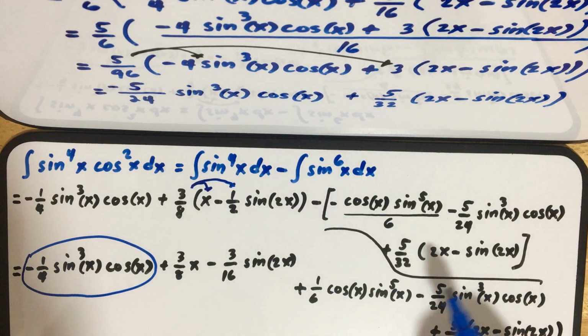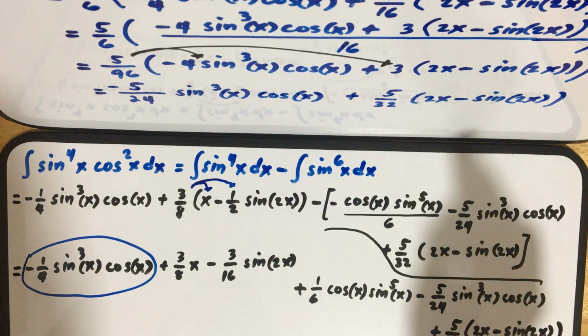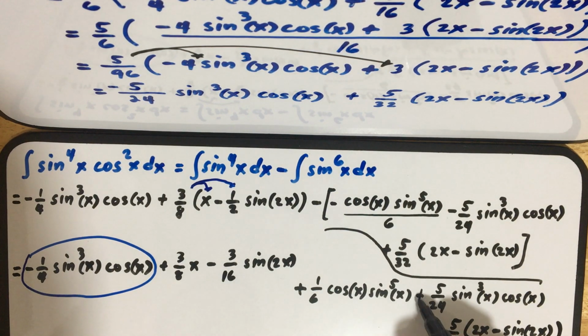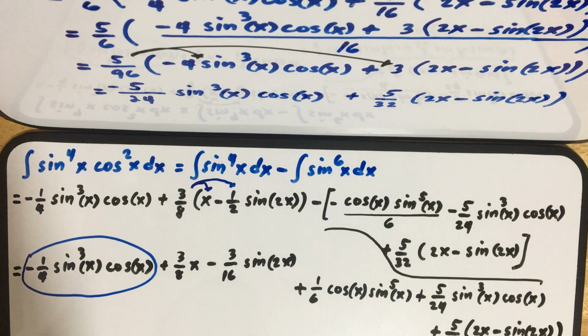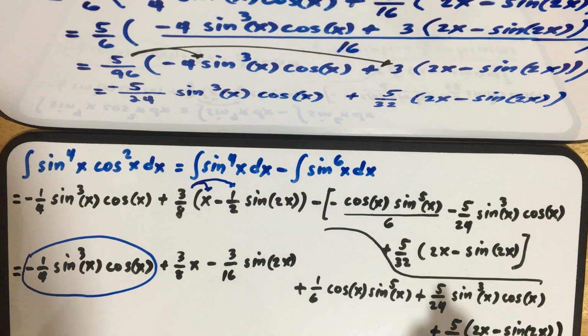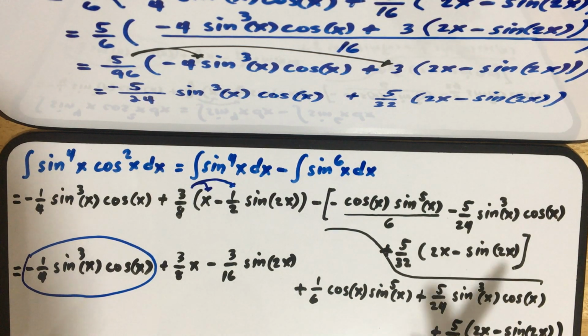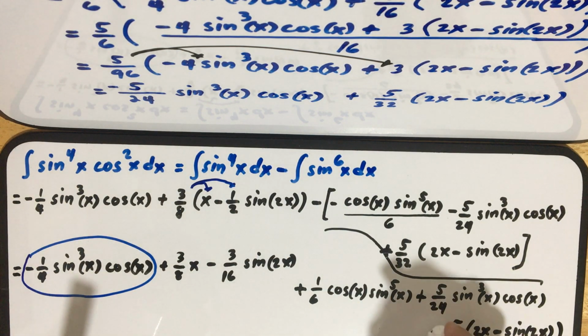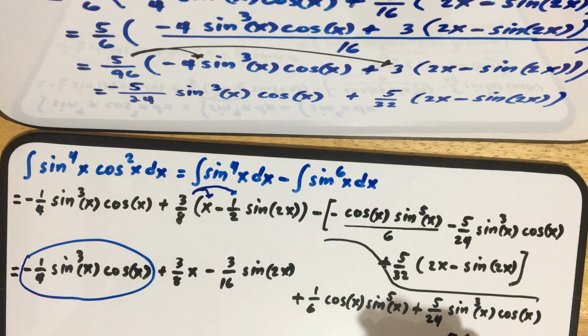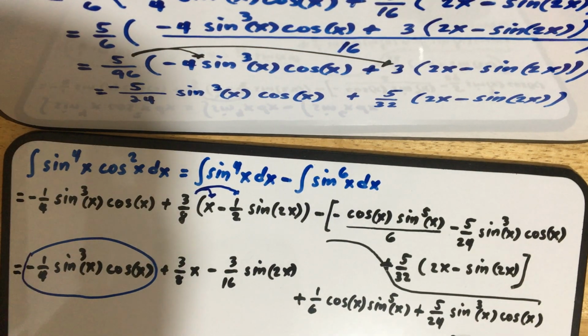Sorry class, since this is minus here, minus becomes plus, so this becomes plus also. And this one, because this is plus, this is plus here, so this becomes minus. So be careful, the sign is very important. That is the problem if you are not careful with the sign.